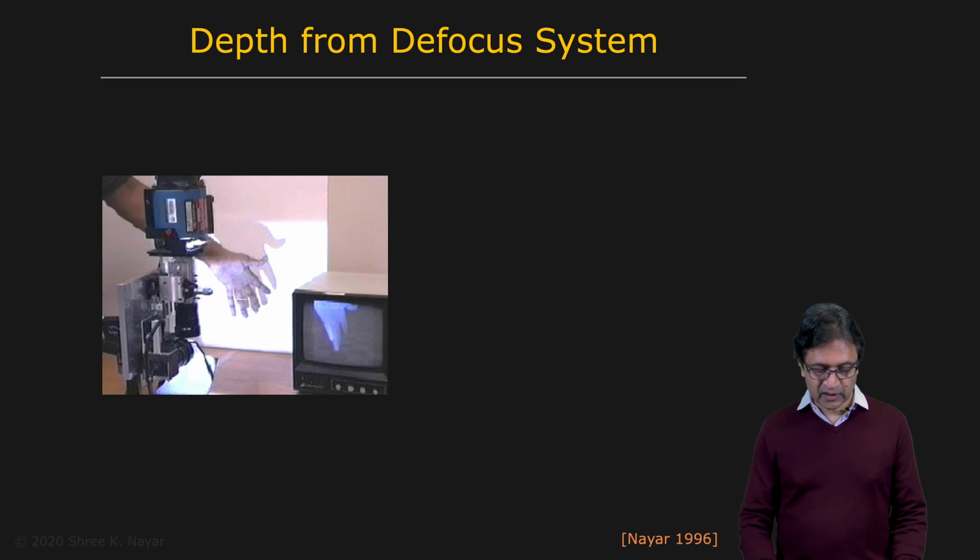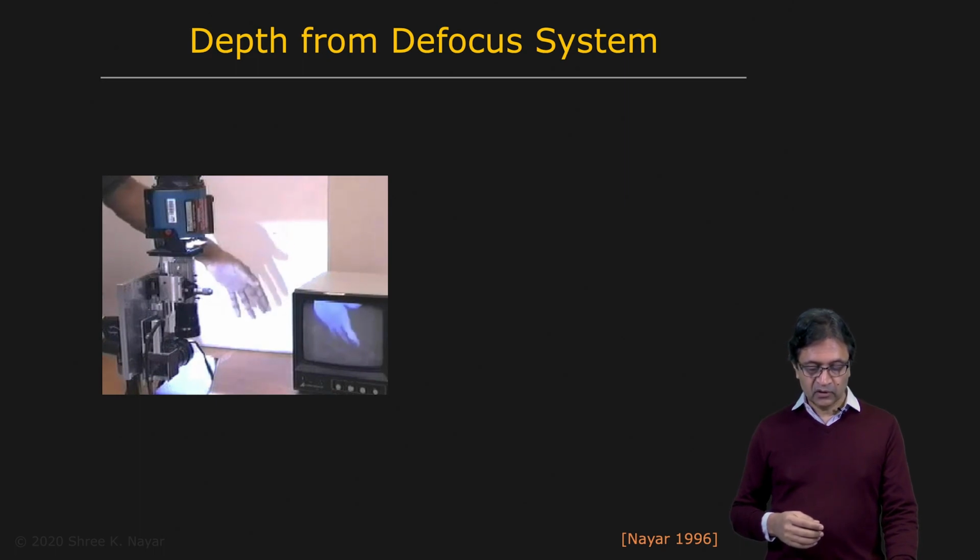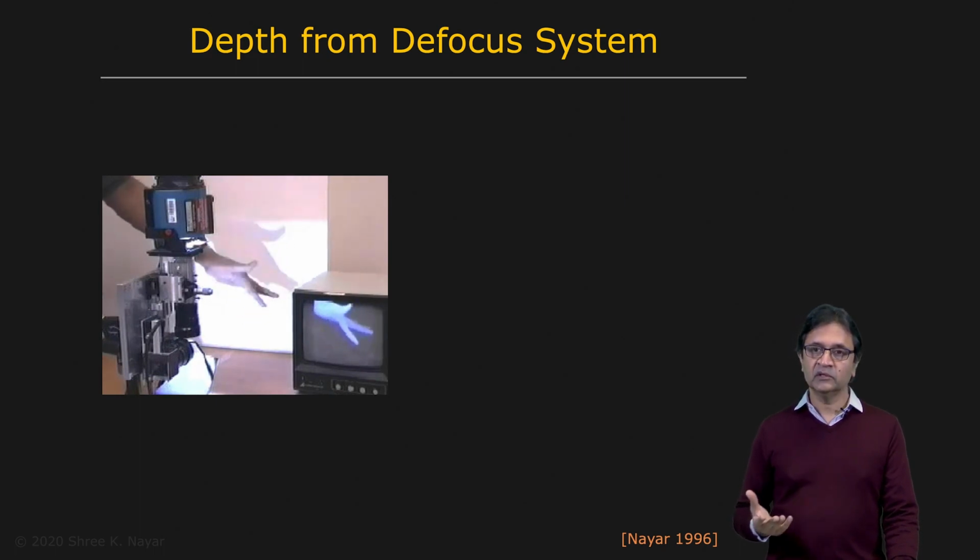So here is an example of how this works. It's a human hand right here. And what you're seeing on the display right here is the depth map being computed in real time. The closer the point is, the brighter it is. So you can see that you get a very nice reconstruction of the hand as it moves around.